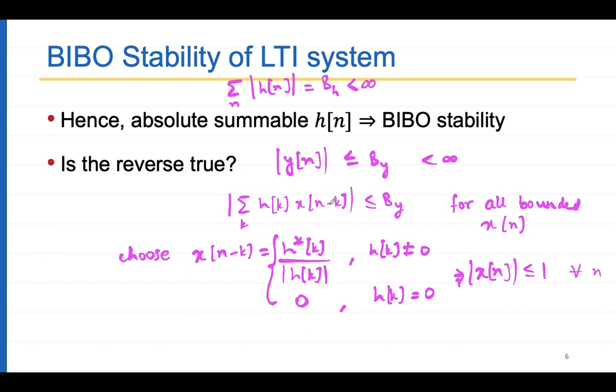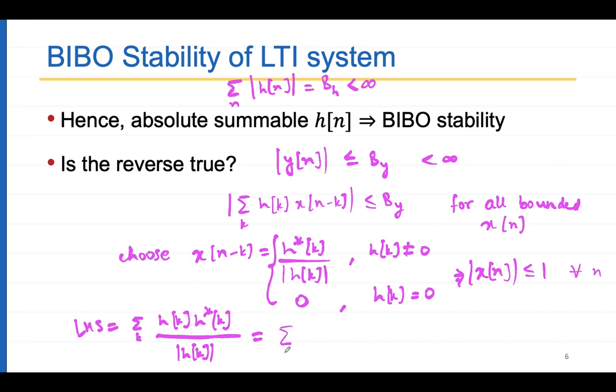Let us substitute this here. So what I get is the LHS will be equal to the summation over k of h of k times h star k divided by the modulus of h of k. So the numerator is basically the modulus of h of k squared.